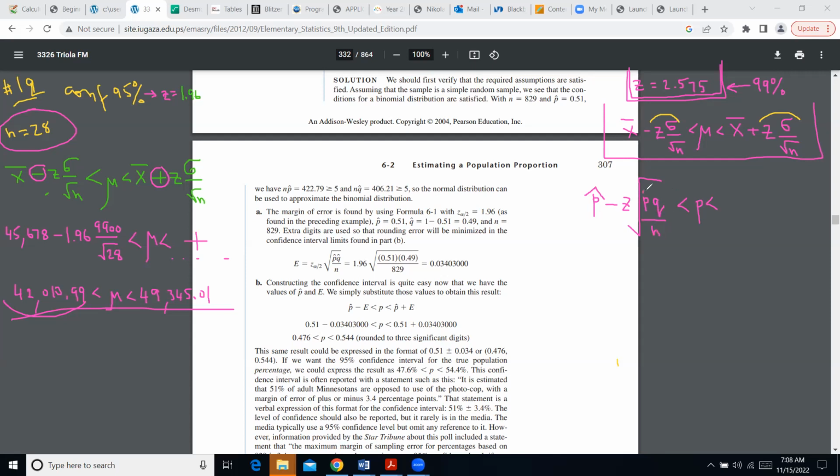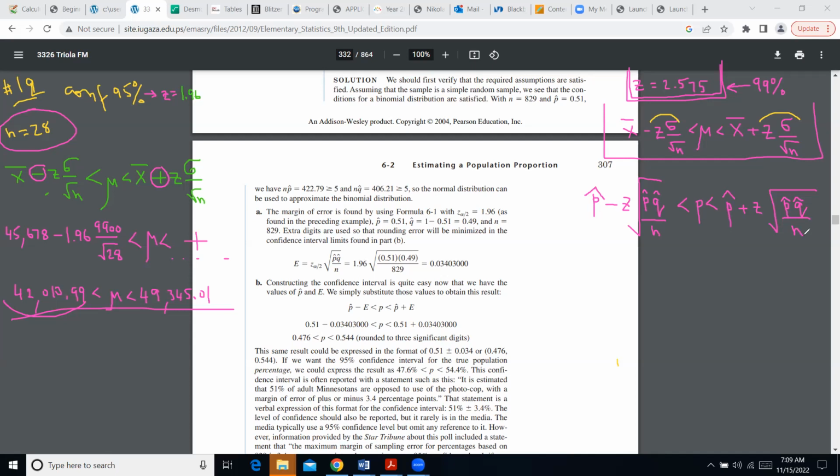And since you don't have the idea about the population proportion, you have to use sample proportion. So we put this little hat above P and Q, because that means that we're dealing with just a sample proportion. And once we utilize this in the formula for calculation of confidence interval, notice the similarity of this.